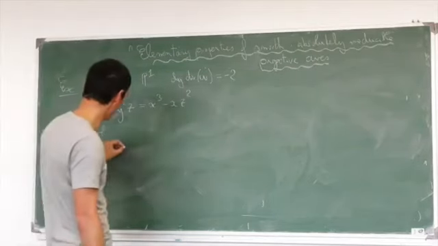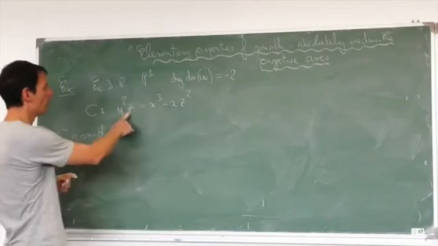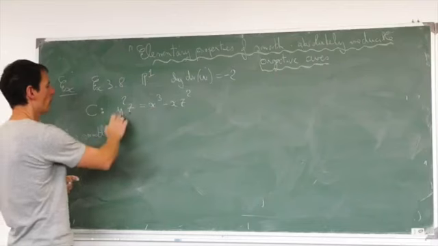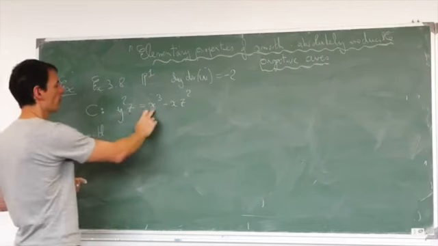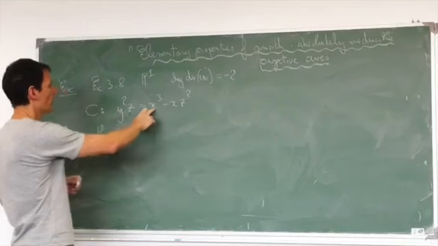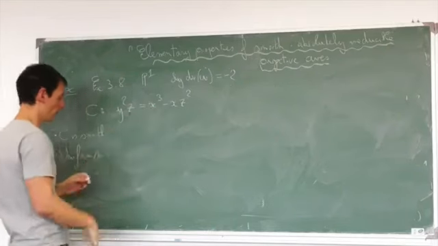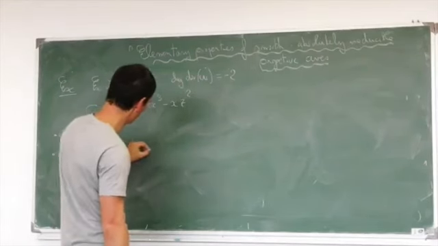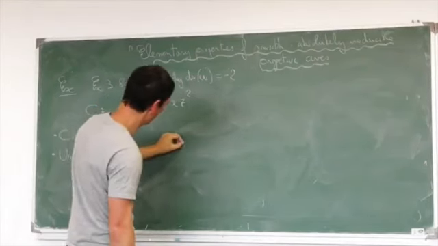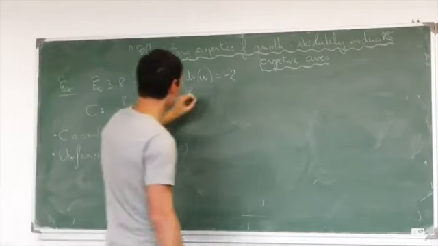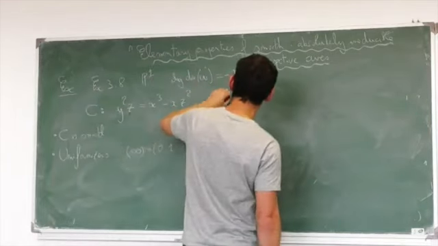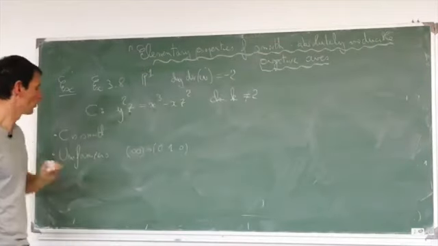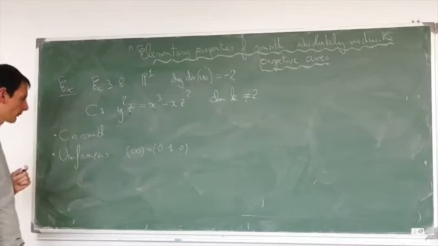There is only one point when z equals 0. So when z equals 0, you must have x cubed equals 0, and so x equals 0 and y equals 1. So there is only one point at infinity, which is the point (0, 1, 0). Here I should say also that the characteristic of k is going to be different from 2.